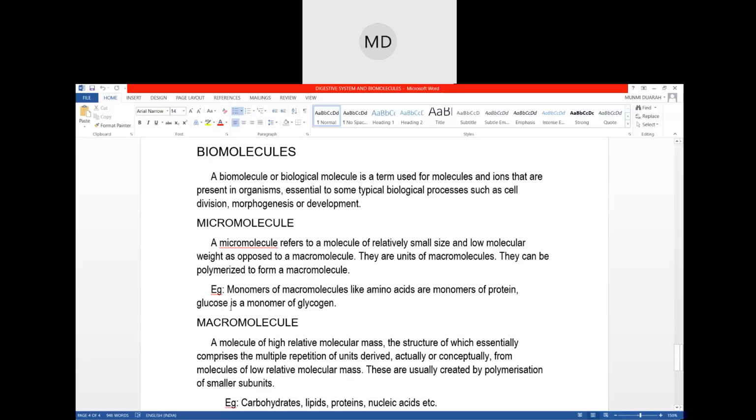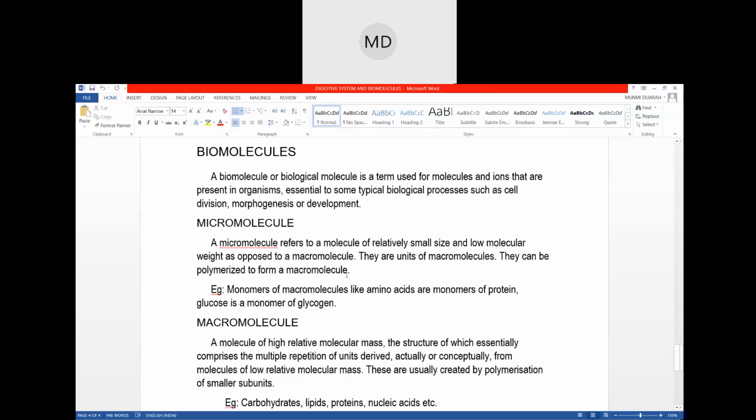Then there is glucose. Many glucose molecules will form glycogen. A number of glucose molecules will form glycogen. Glucose is a monomer of glycogen. So glucose is a micromolecule and glycogen is a macromolecule. So you can give these differences. You can say micromolecules polymerize to form a macromolecule, or you can say they are the units of macromolecules.